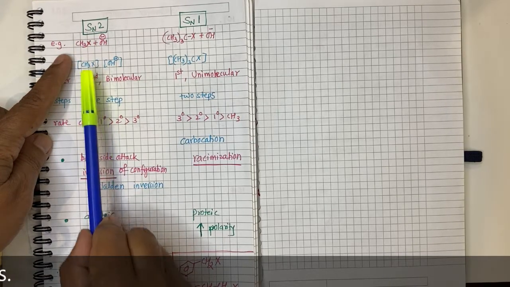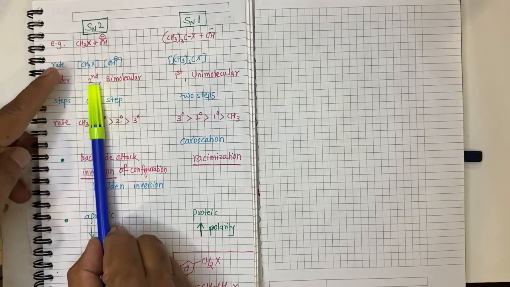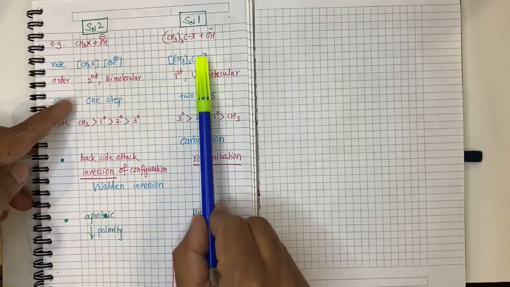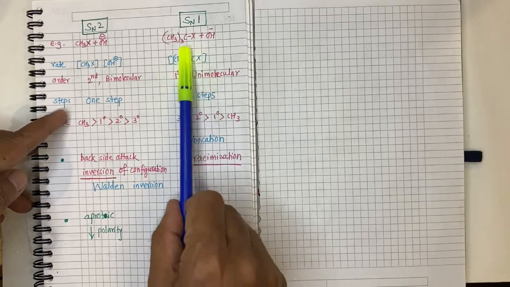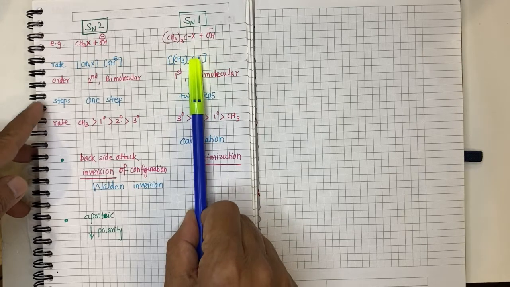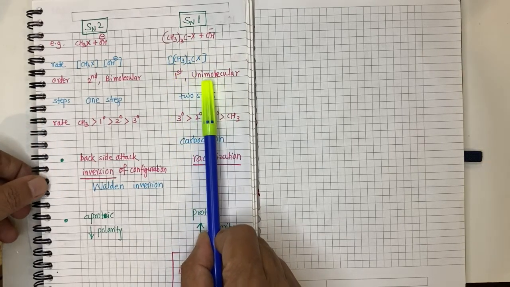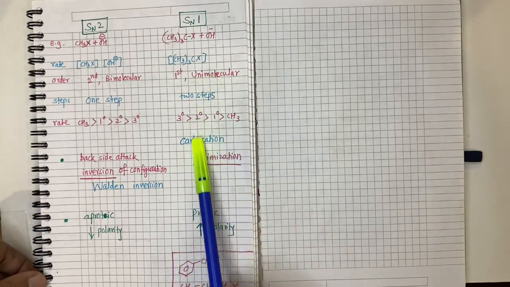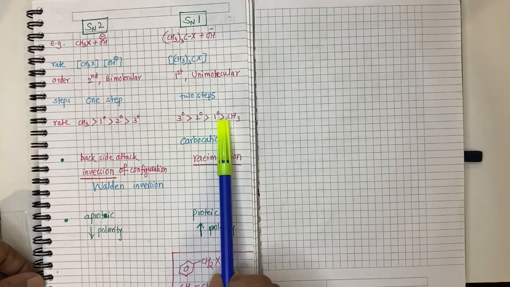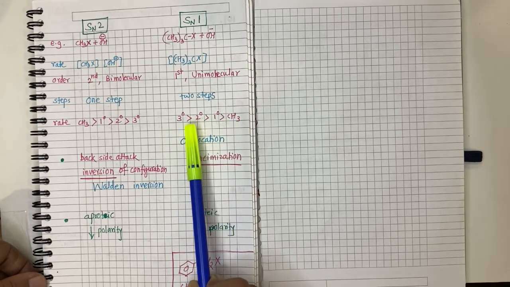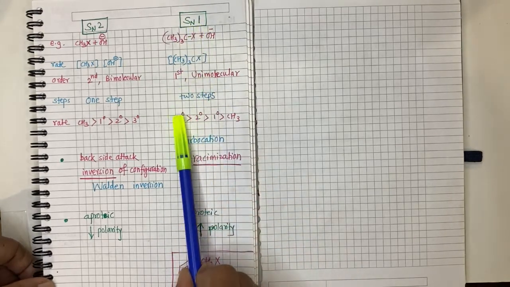In that step, both these molecules are involved, therefore it is bimolecular and second order. While here there are two steps. In the first step, only this molecule is involved, which is the slow step, therefore it is first order and unimolecular.